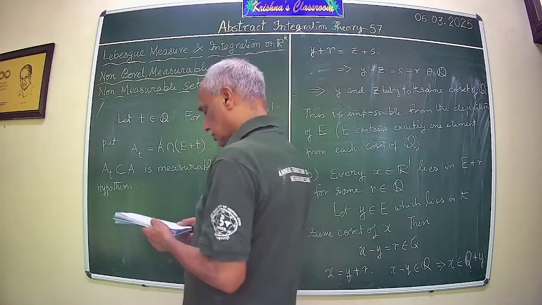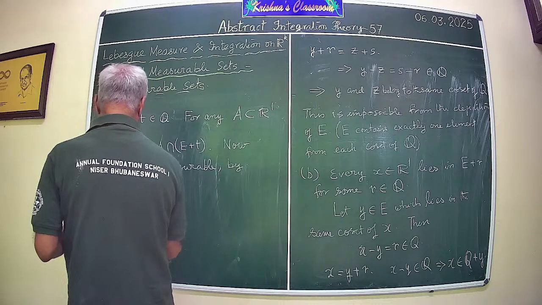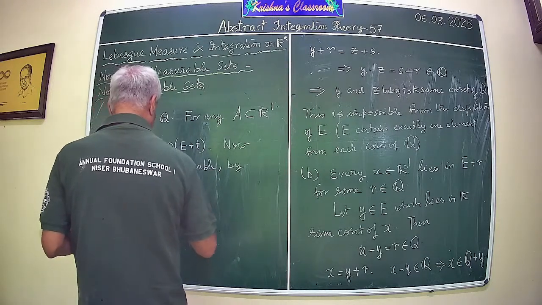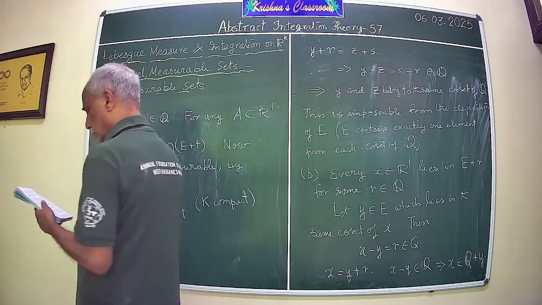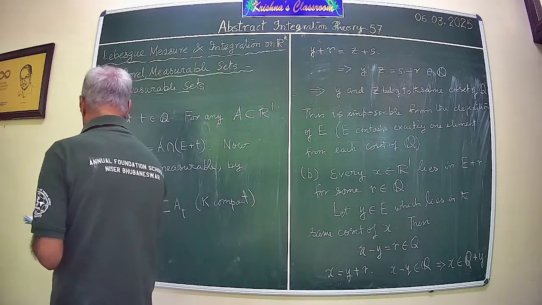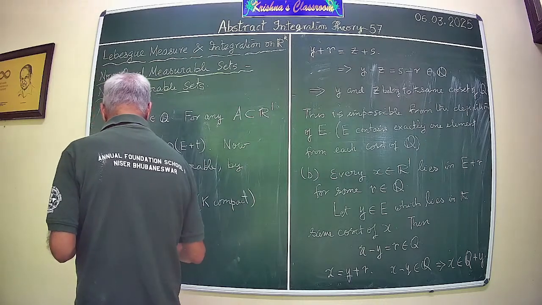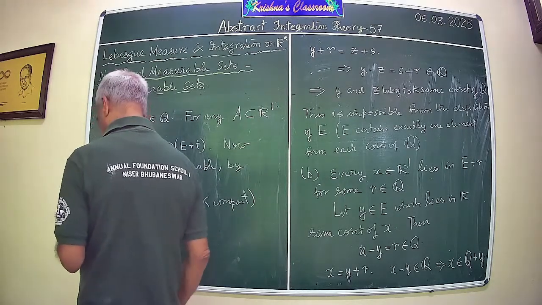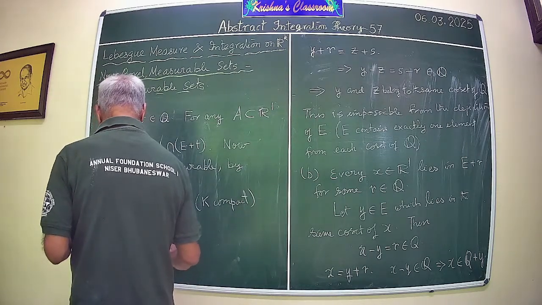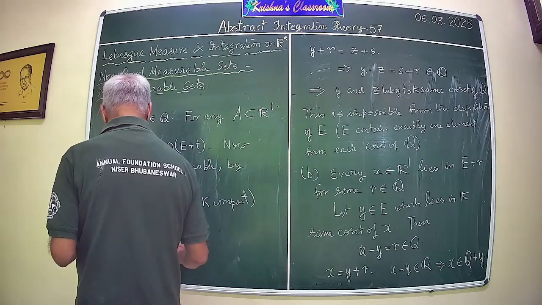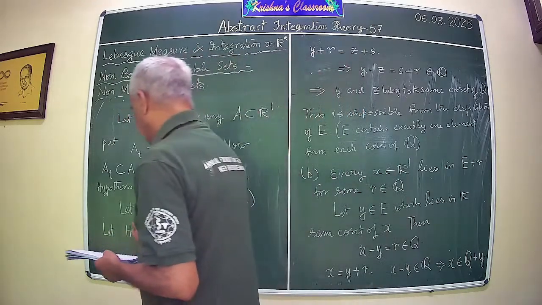Okay. Let K be a compact subset of E, and let H be equal to the union of K plus r, where r belongs to the set of all rationals on the interval 0 to 1. This is the definition of it.